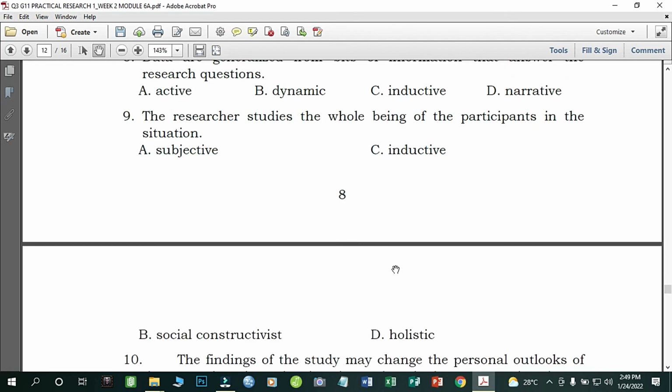Number 9, the researcher studies the whole being of the participants in the situation. A, subjective; B, social constructivist; C, inductive; D, holistic. Okay, it's very obvious. The answer is letter D, holistic.